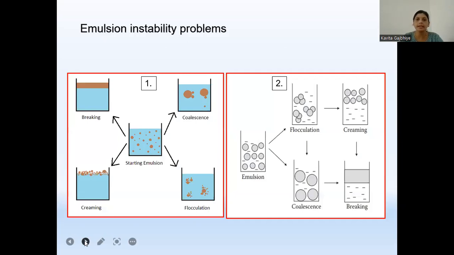Here in this diagram, in the first figure, we start with the emulsion. It seems like a stable emulsion because the dispersed phase is distributed throughout the dispersion medium in a continuous, suspended manner.